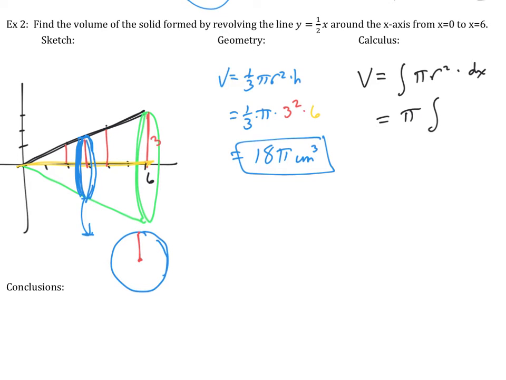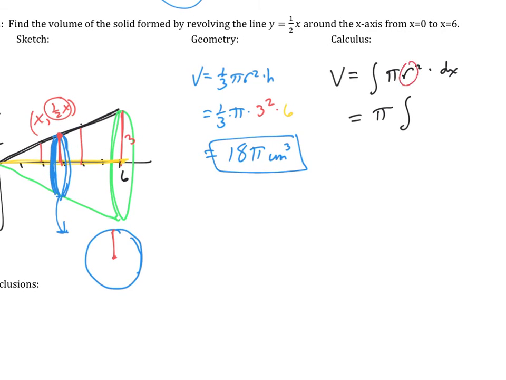So it's going to be dependent on where I am on my x-axis. And it's always the distance from the x-axis up to my curve. So that's where I use my function. It is the y value of that point right here. And this point is some x comma y equals 1/2 x is how I could express that point. That becomes my radius. So my radius is going to be (1/2 x) quantity squared dx.